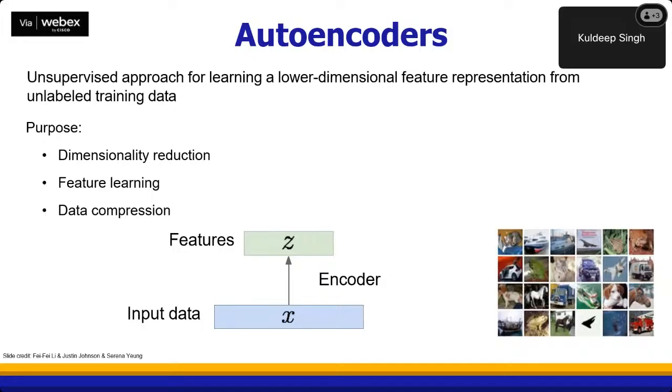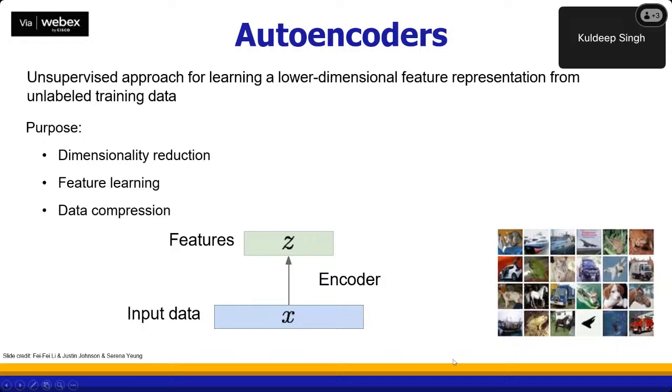As we have seen earlier, these autoencoders are good at dimensionality reduction. They are basically an unsupervised machine learning approach. They help us in learning a lower dimensional feature representation from the unlabeled input data or the training data. So basically, autoencoders, dimensionality reduction.